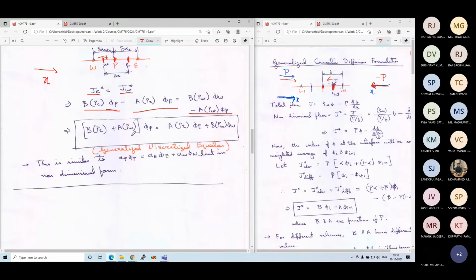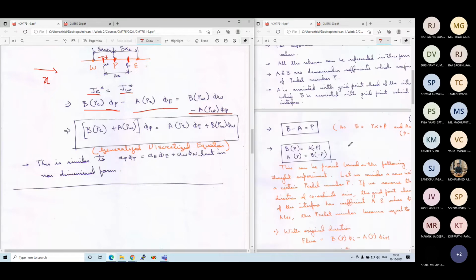So now we can understand the significance of our previous discussion on these two relations.